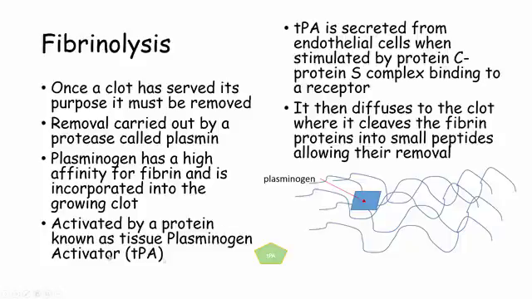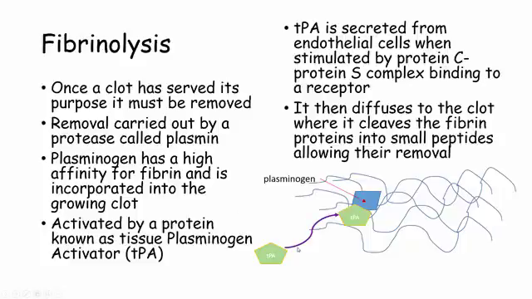It's activated by a protein released by nearby endothelial cells called tissue plasminogen activator. So tissue plasminogen activator, sometimes called TPA, is secreted from the endothelial cells when the protein C, protein S complex, which you'll remember was one of the key players in turning off procoagulation, binds to a receptor.